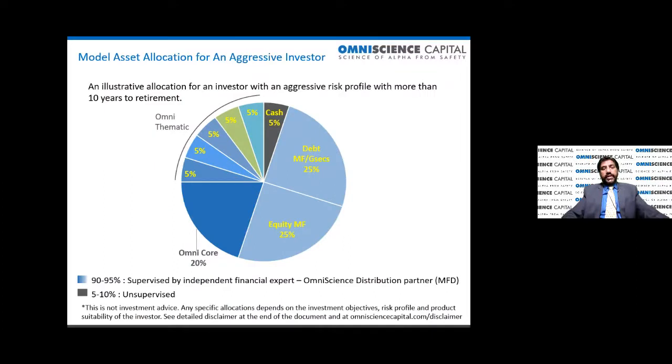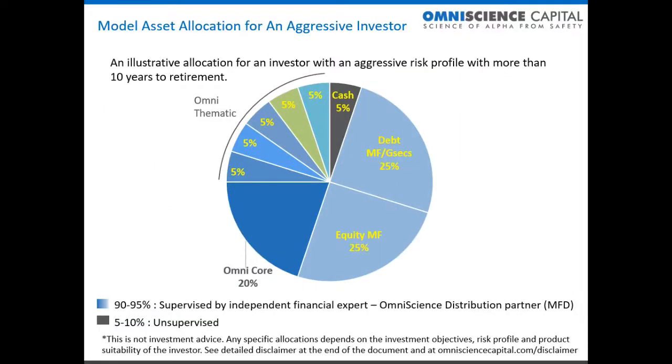So this is an indicative asset allocation for an aggressive investor. Say someone in their 30s or just about early 40s, right, with a long investment horizon in front of them, very strong stable income, all liabilities taken care of, good insurance, good contingent funds, emergency funds.